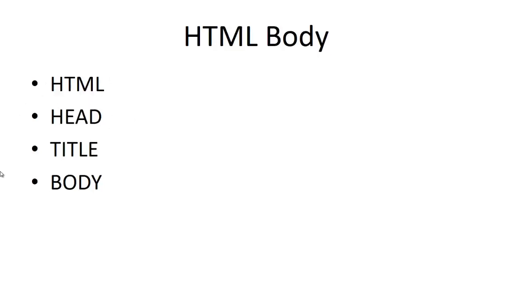This is kind of saying, okay, this is an HTML page, and then the next thing you'll see is the head. If you think about a human body, you have the head, and then right below that you could have a name tag, like the title. And then right below that you have a body, and of course you have your feet and everything like that. So that's probably the easiest way to think about it.